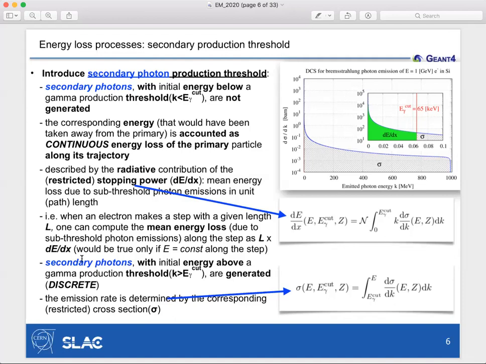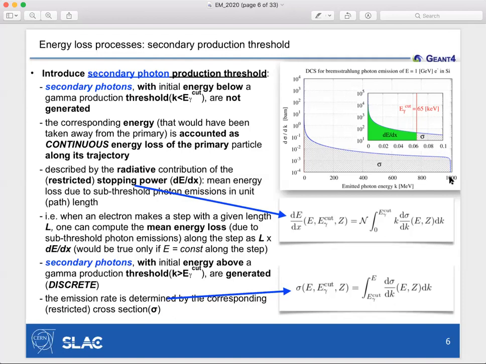This contributes to the discrete part of the description of the Bremsstrahlung photon emission, and you can see it described by the corresponding cross-section, again a restricted cross-section, because this integral that gives you the cross-section covers the upper part of the differential cross-section from the secondary production threshold up to the maximum possible energy.